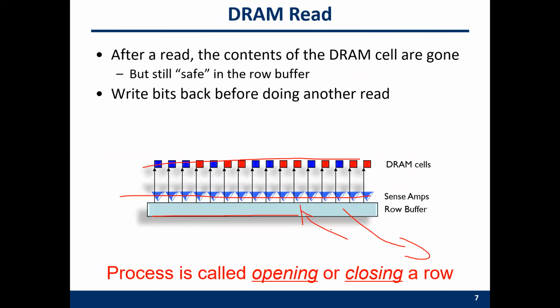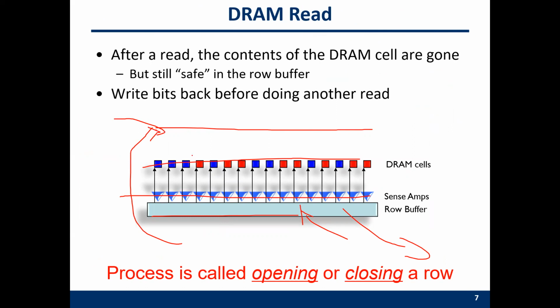This is good for an application that will heavily access the same row. But if your application wants to access another row, let's say this row, then you have to close this row first. And the row closing latency will be added to your memory access latency for the second request to a different row.